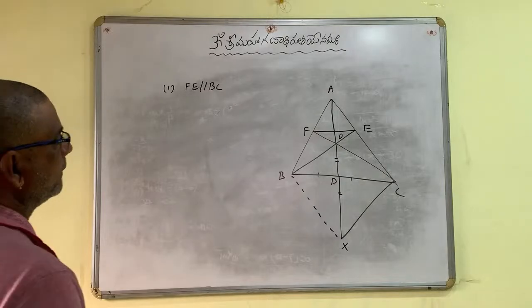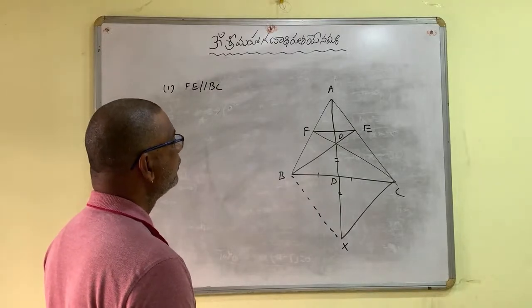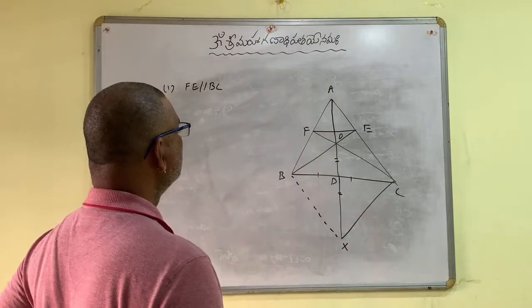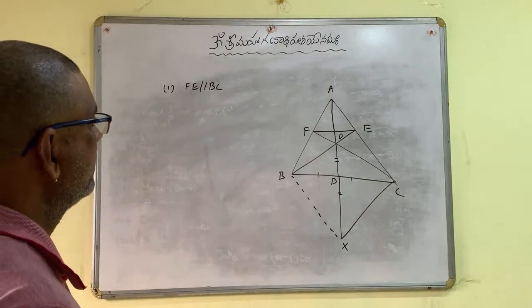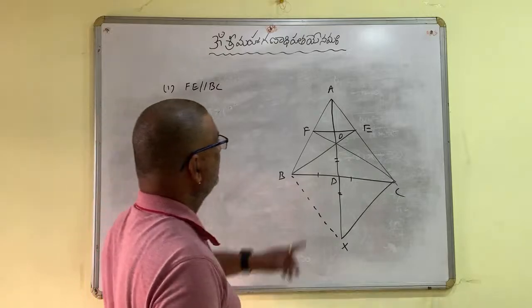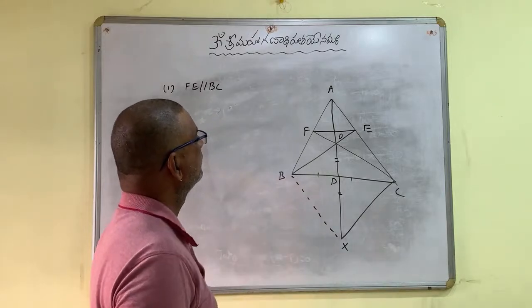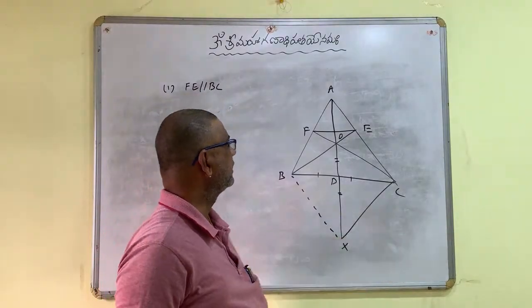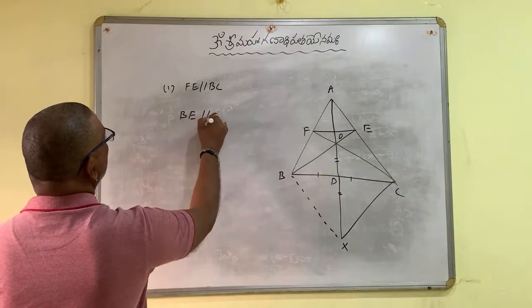BOCX is a parallelogram. So BE parallel to XC, is that right?